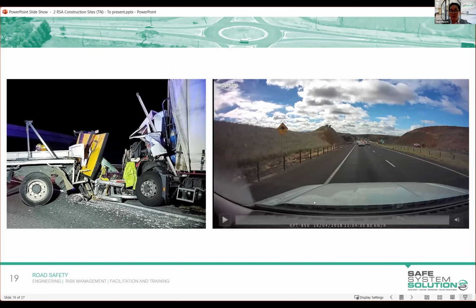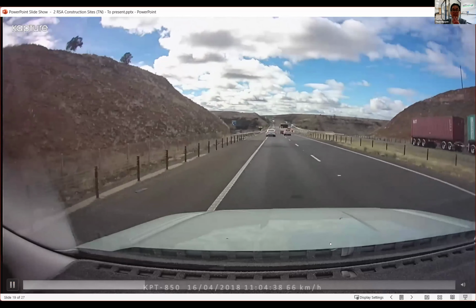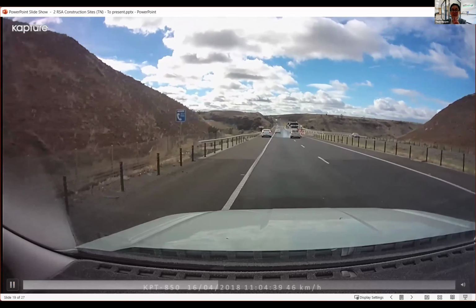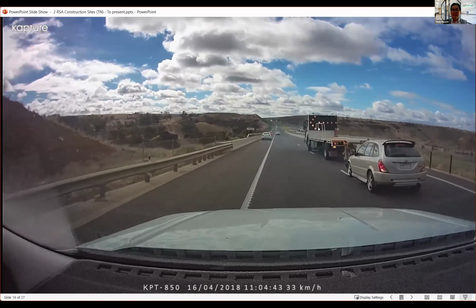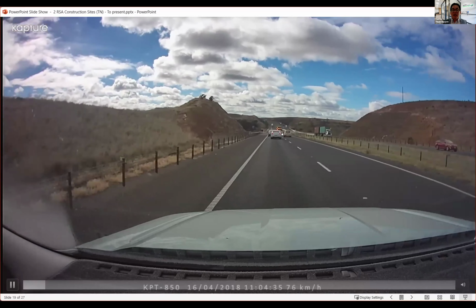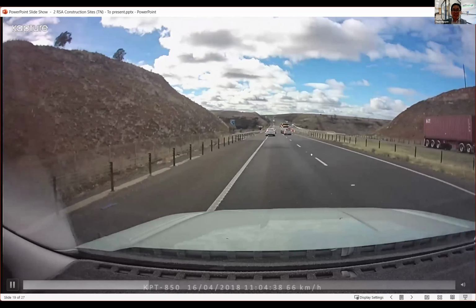So on the right hand side, I'm going to play this quick video to show you a crash that occurred a number of years ago on the Western Highway, actually, in Victoria. That car there slammed straight into the TMA, which was used to protect the work vehicle just behind it.